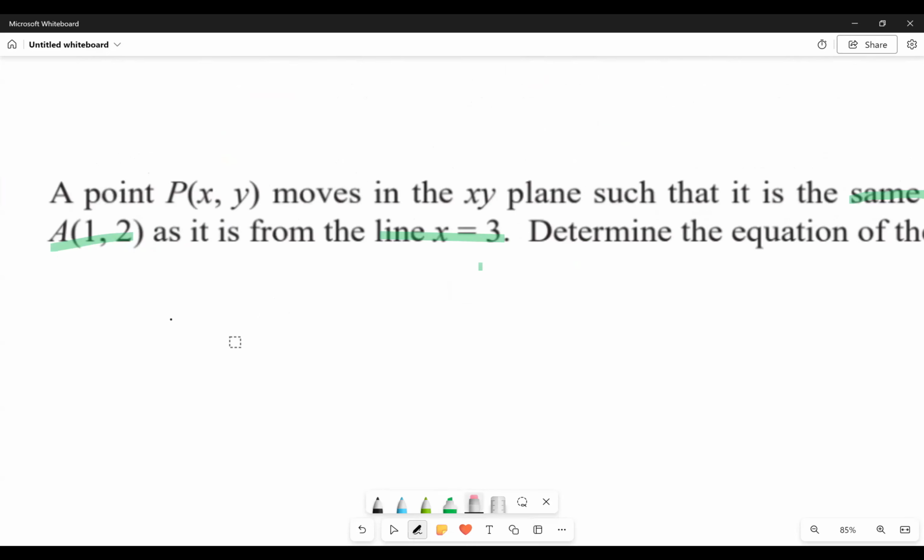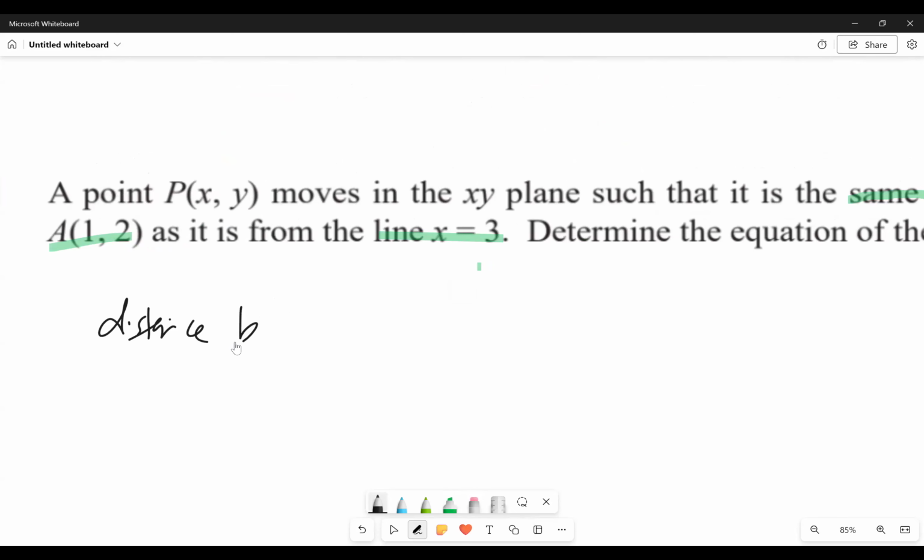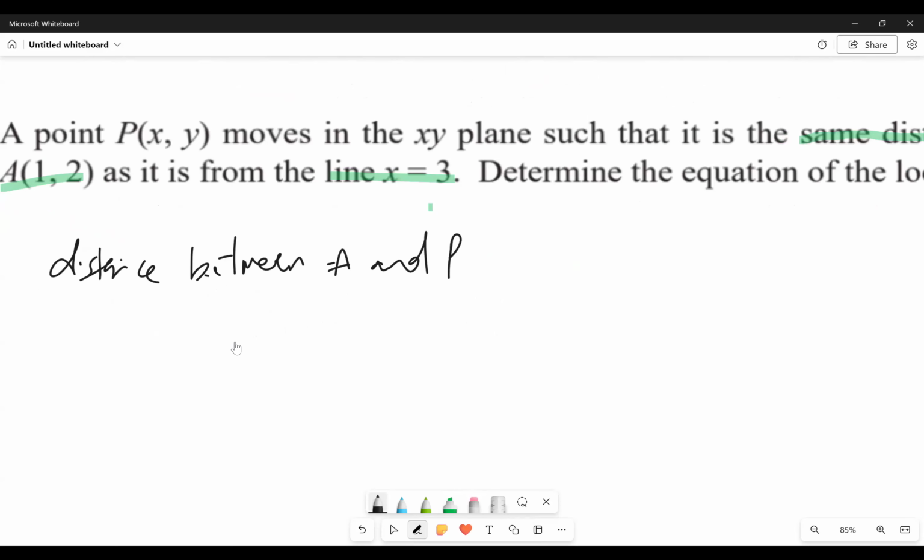So the distance between A and P. That's the first thing I do, because it's a distance question, so I write an equation for that distance.